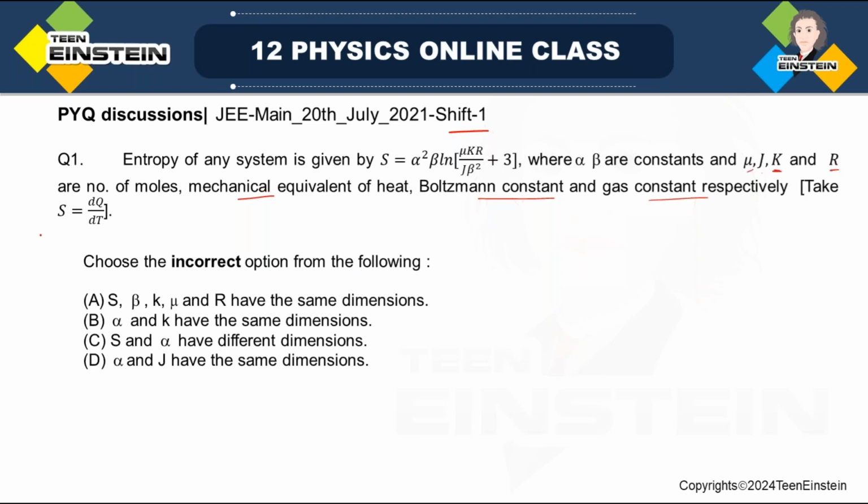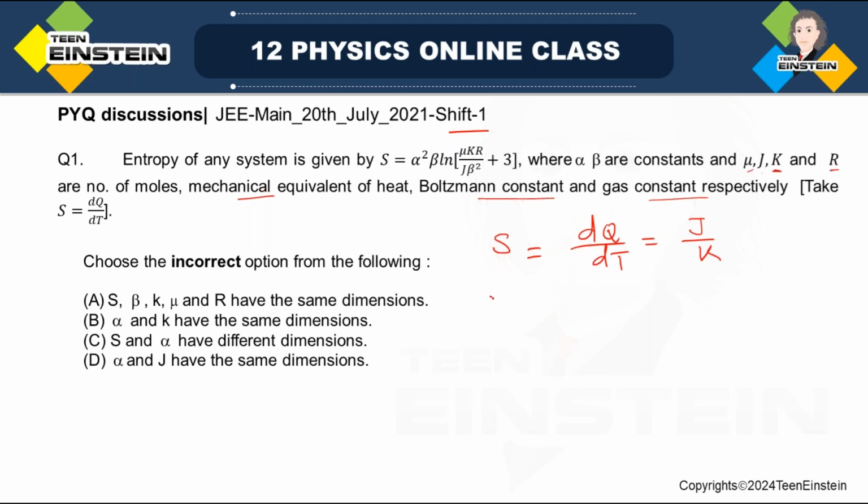Let us see what is S. S is given as dQ by dT, right? This is specific heat. So dQ by dT, this is having unit of joule, the SI unit of heat, and this is Kelvin. So joule per Kelvin is the unit.